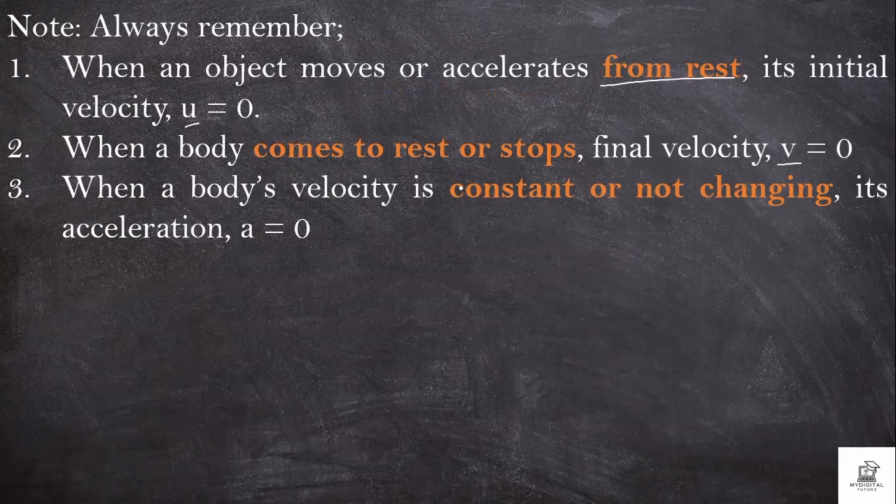And when a body's velocity is constant or not changing, then the acceleration is equal to 0. So take note of these three points. When a body starts from rest, the initial velocity u is equal to 0. When a body comes to rest or stops, the final velocity is equal to 0. When you have a constant velocity, the acceleration is equal to 0.